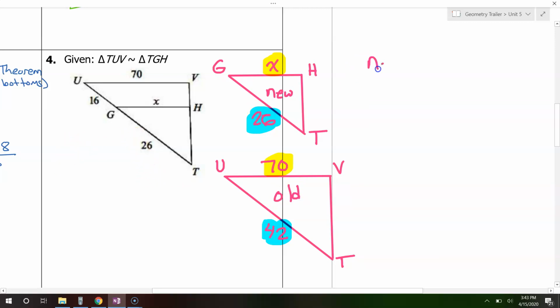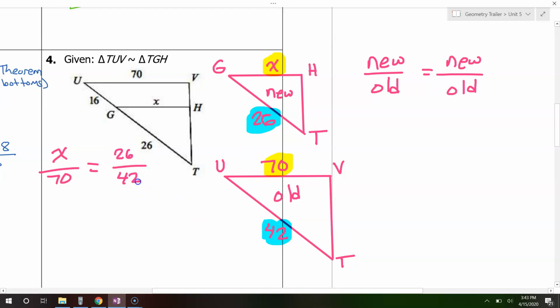Because then we can just do new over old equals new over old. Starting with the yellows, that's going to give me x over 70. And then the blues, new over old, will be 26 over 42.